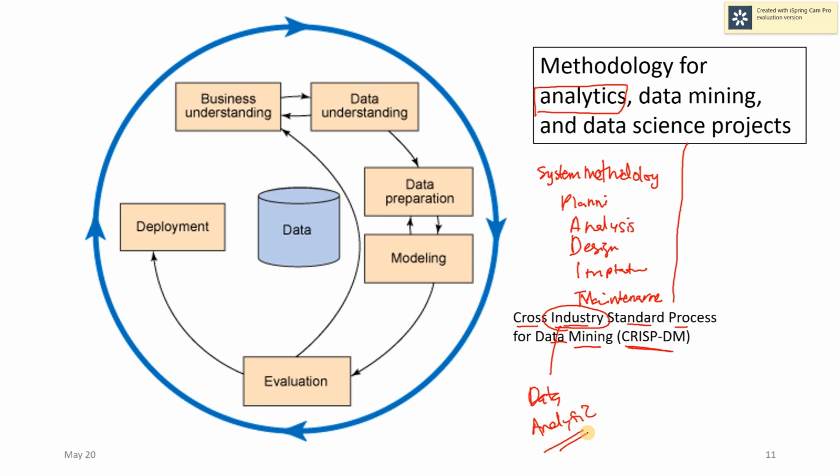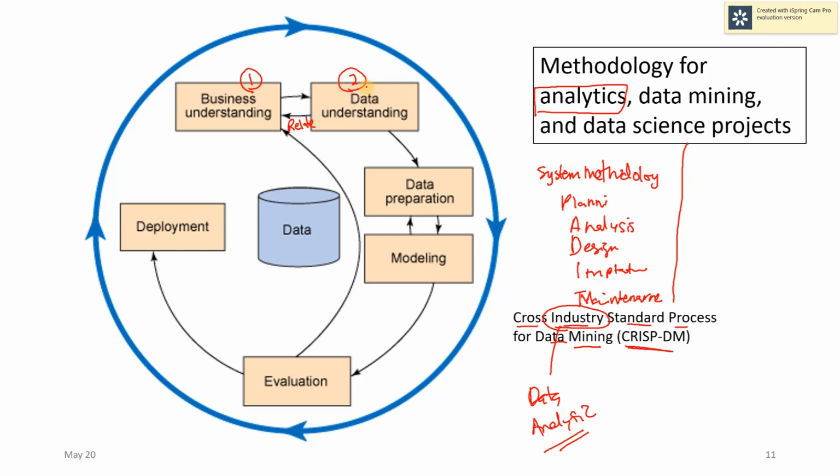So what is the process, or the flow, of CRISP-DM here? First we have business understanding. Once we have understood the business, we are going to get the data. When you get the data, you need to do data understanding, and relate it back to your business understanding.